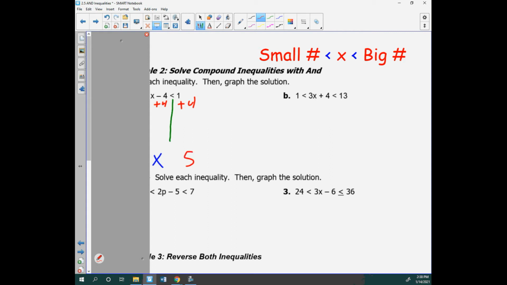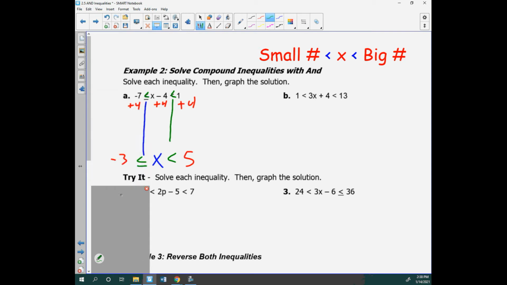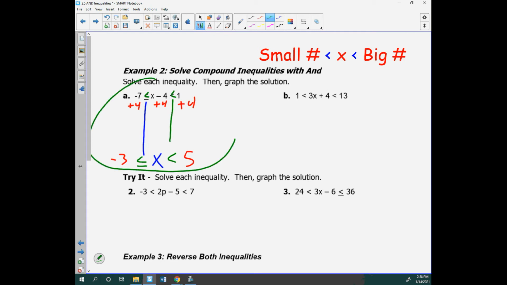And the sign didn't change because I just added 4. So you would just get that simple problem. Well, that's all this is going to be: 2 of those simple problems smushed together. So that is the entire problem, just explained in 2 different pieces. There's our answer. Any number in between -3 and 5 is going to be one that works.